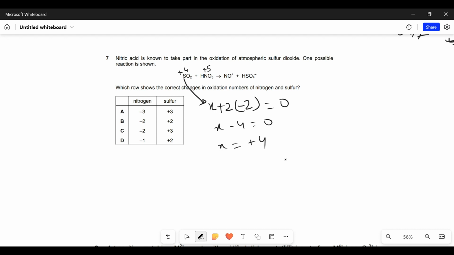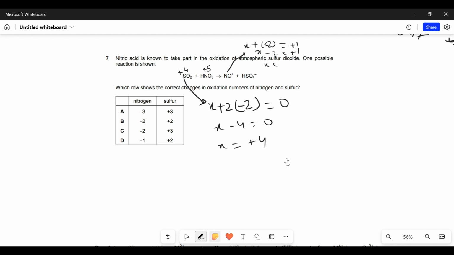Now for this one, let's take the oxidation number of nitrogen as X plus oxidation number of oxygen is -2, which is equal to the total charge, which is +1. X minus 2 is equal to +1.